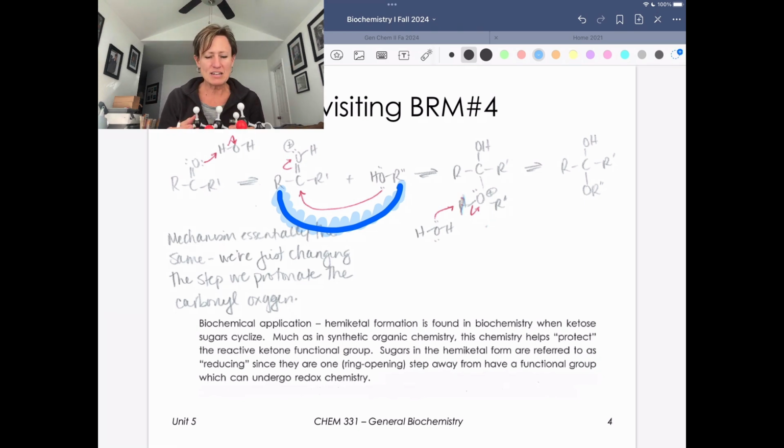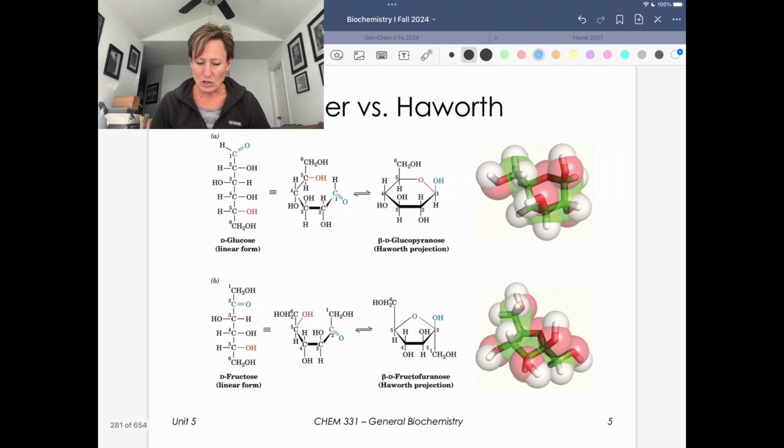And what we're going to talk about here is that there are very specific geometries that will be allowed. It's not every single OH group here that's going to be available to do chemistry. But if our alcohol is on the same molecule as our carbonyl and we do this chemistry, we create a ring structure.